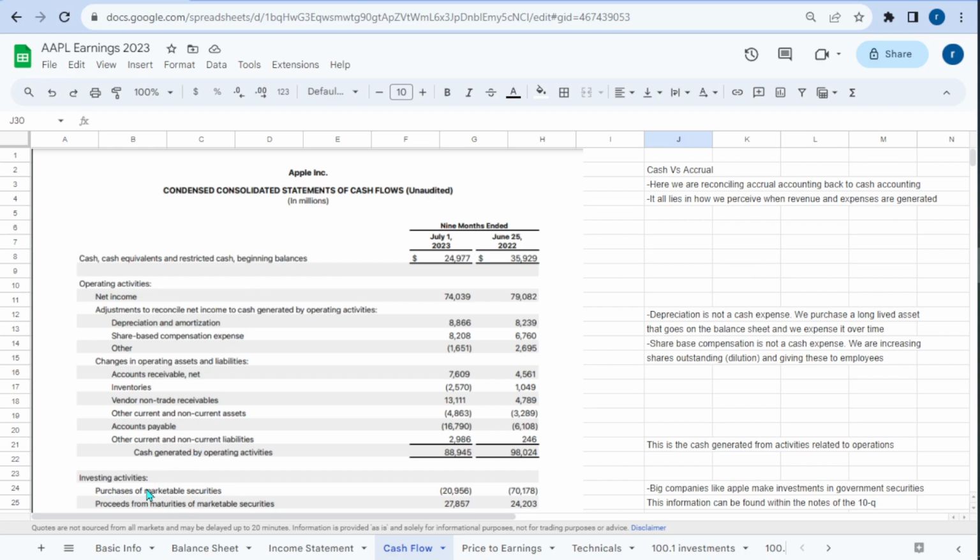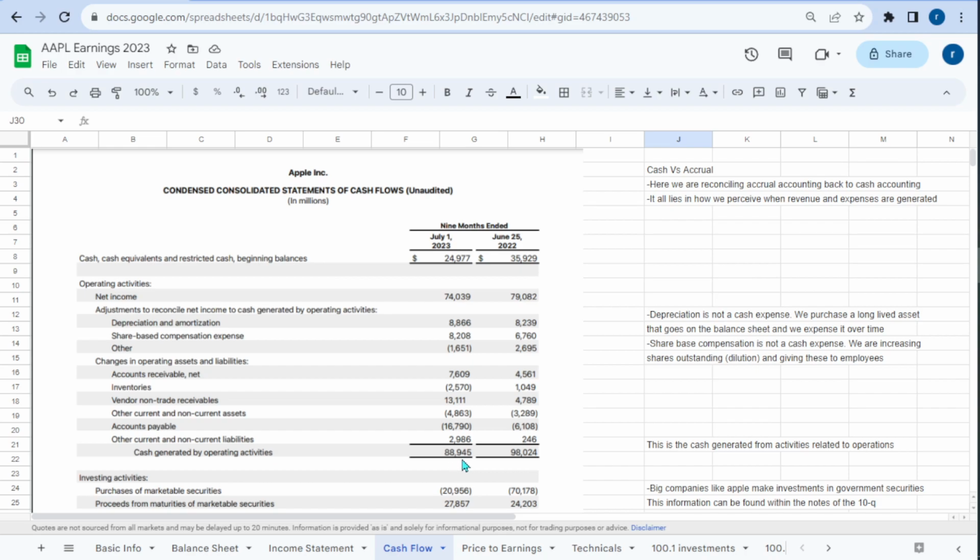So right here, we're basically looking at the operations. If we're looking at cash generated by operating activities for this 9-month period ending, they made quite a bit. Three quarters of the year's worth of cash is like 88 or $89 billion here.